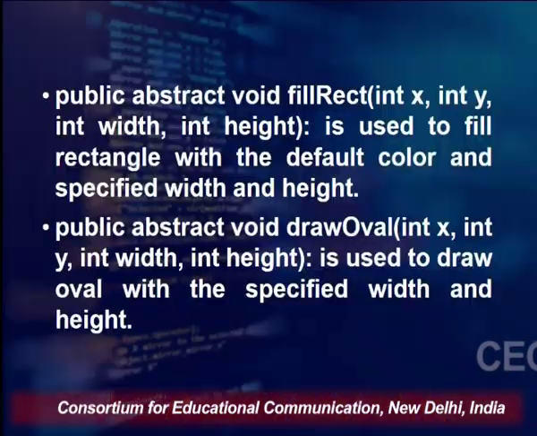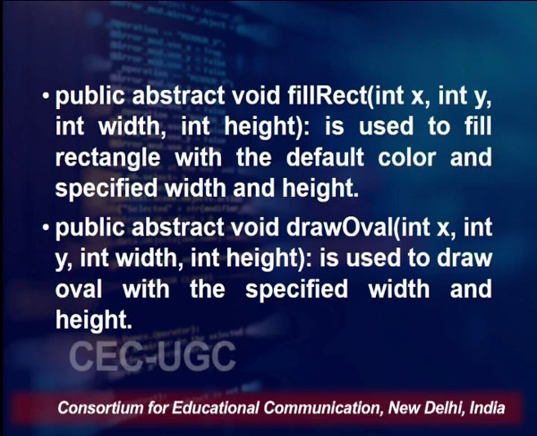Now, if we want to fill the rectangle with the default color, then we need to use the method fillRect. The drawRect method is going to give you a rectangle which is actually empty, it is not filled with any color. So, another method is fillRect.